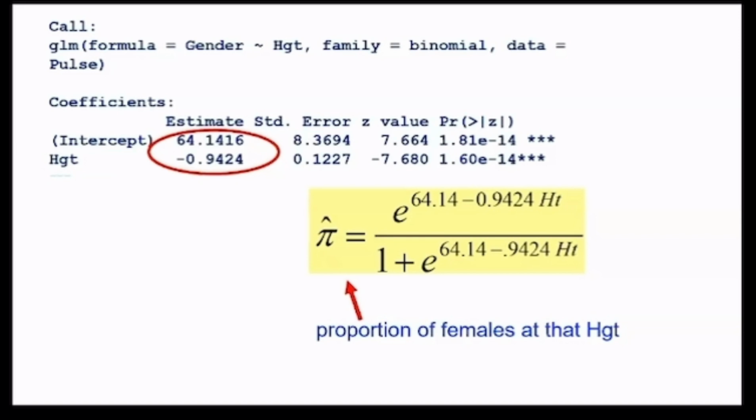I was initially considering the probability of female divided by the probability of male, and the log of that ratio is equal to b1 x1 height.